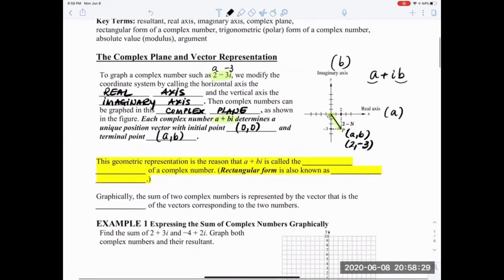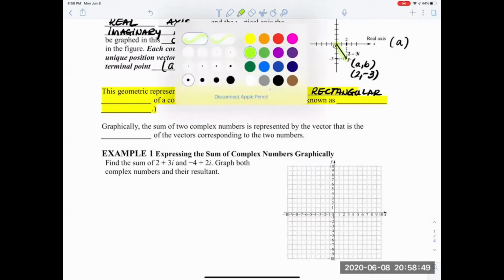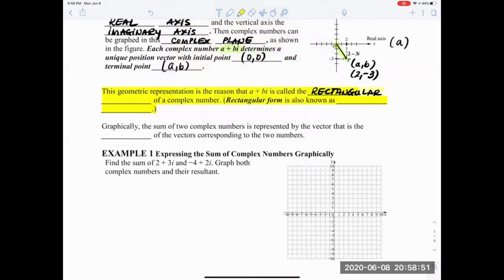All right. So now, essentially, the geometric representation is the reason that a plus bi is called the rectangular form of a complex number.